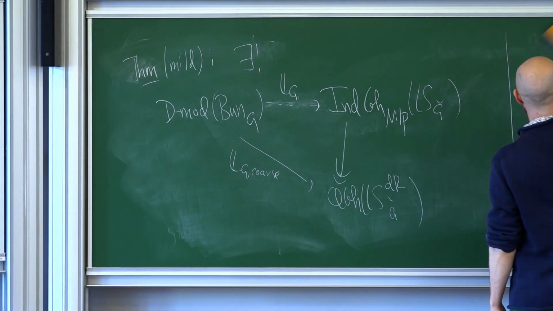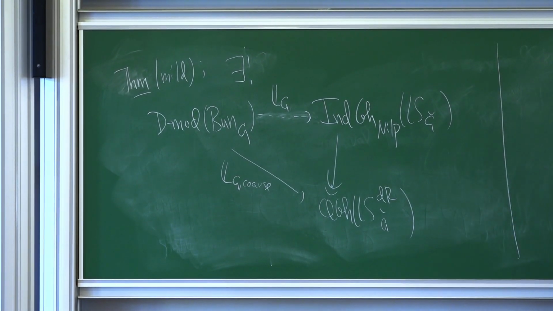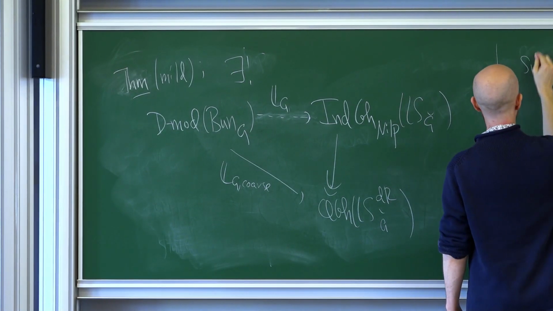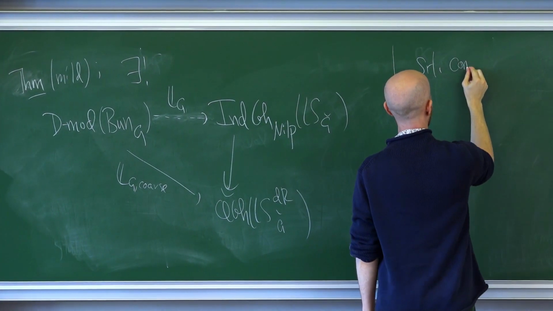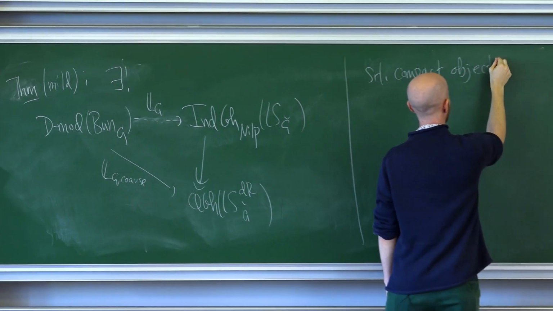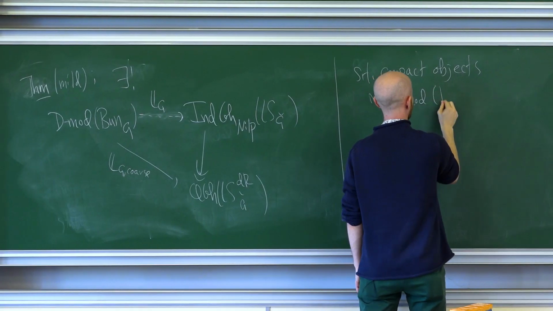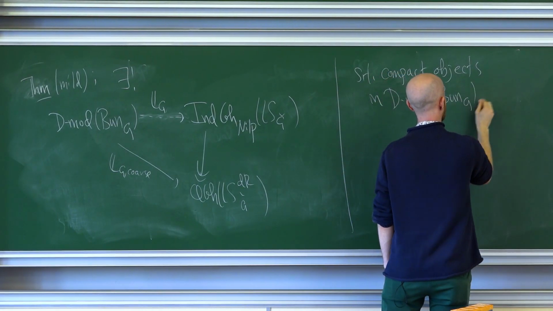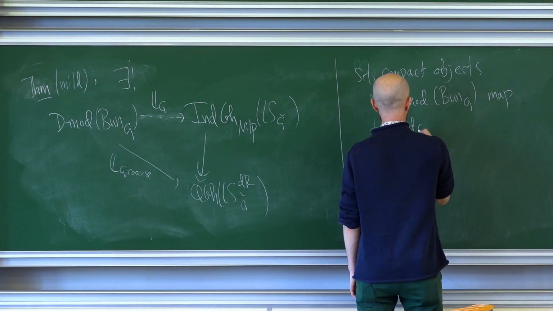And this is supposed to have the property that compact objects, so to say small objects in D modules on Bun G, map to bounded below objects.